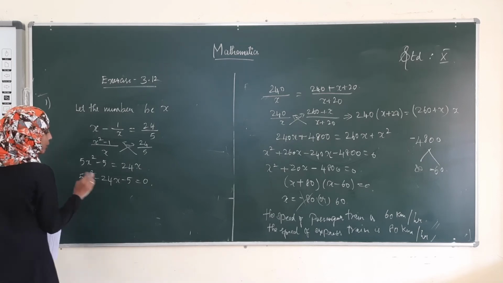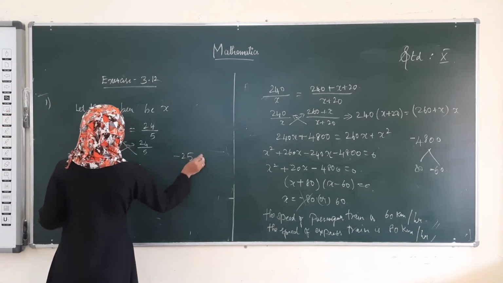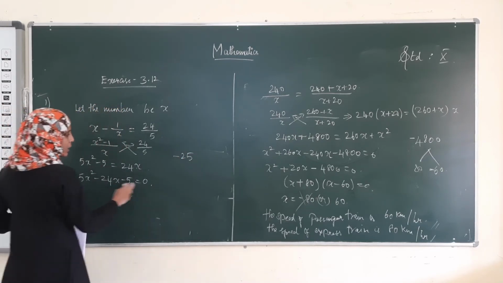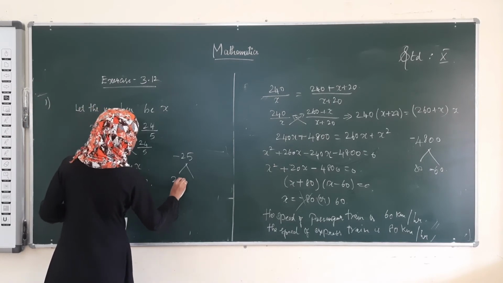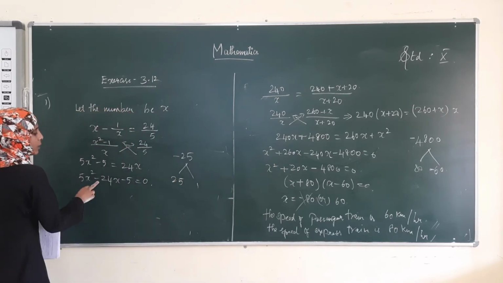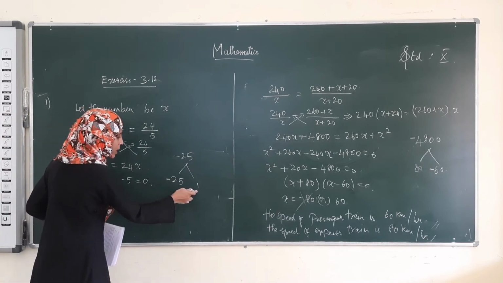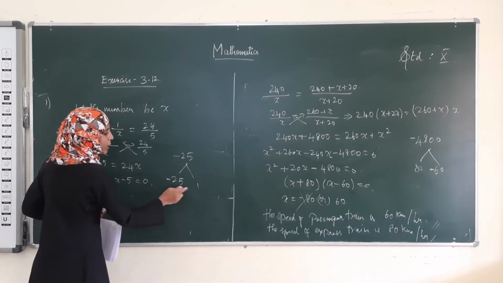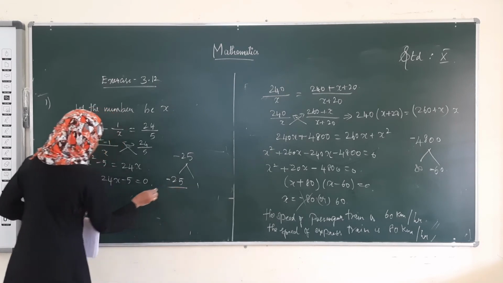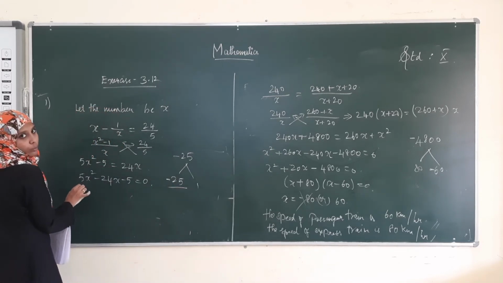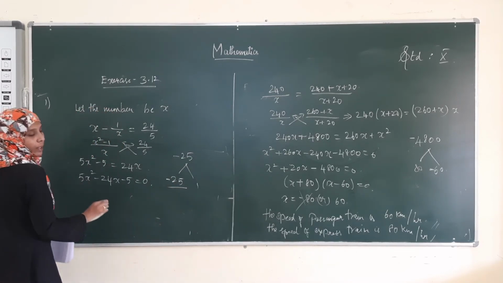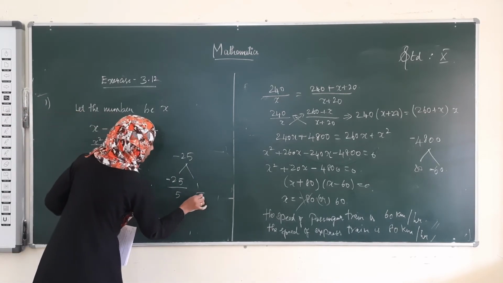See here, 5 into 5 is 25, and we have minus 5, so minus 25. 25 into 1 is 25. We have to get minus 24 while adding this. Therefore, minus 25 plus 1 is minus 24, and minus 25 into 1 is minus 25. Since the coefficient of x square is 5, we should divide both sides by 5.